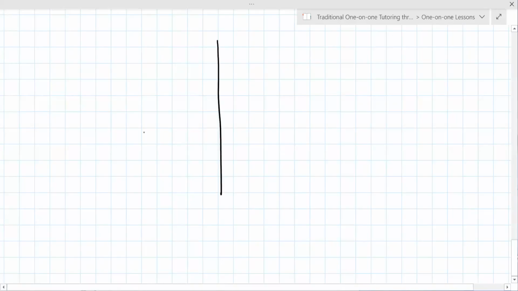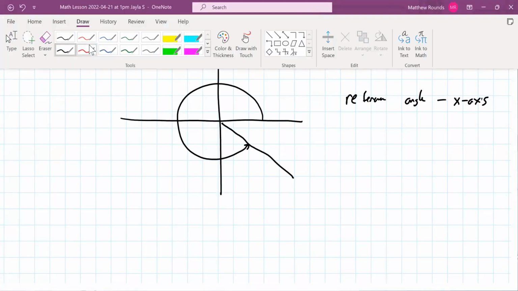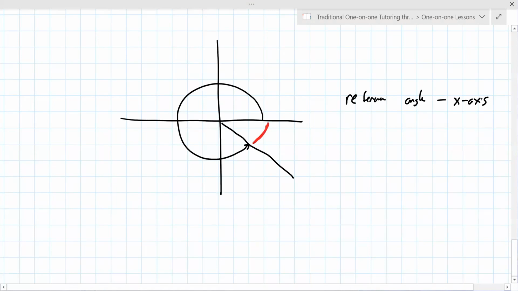So the angle here is 329, kind of right there. And the reference angle is the smallest angle to get back to the x-axis. So in your problem, it's this amount right here.